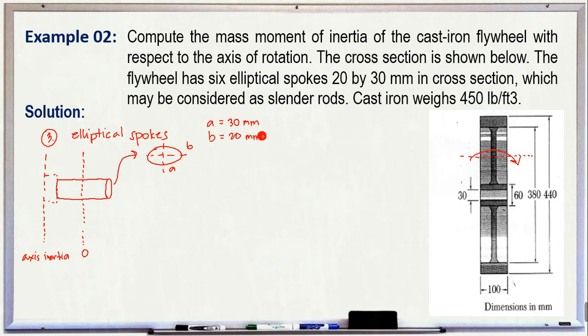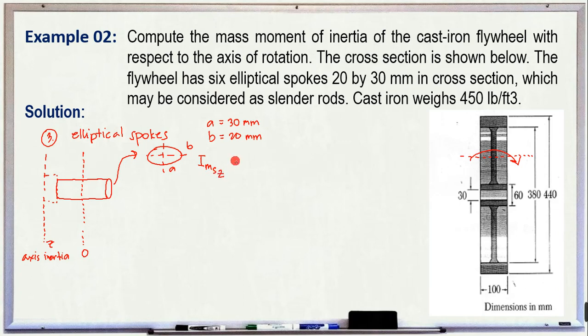Next, the moment of inertia for a single spoke along the axis of inertia, let's say the z axis.